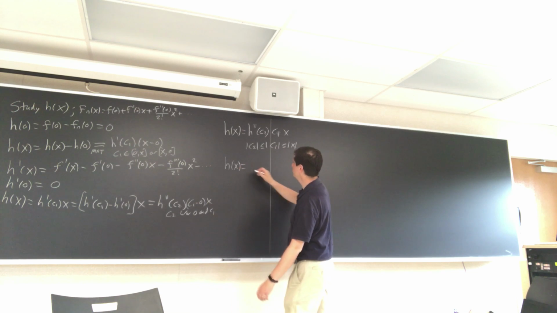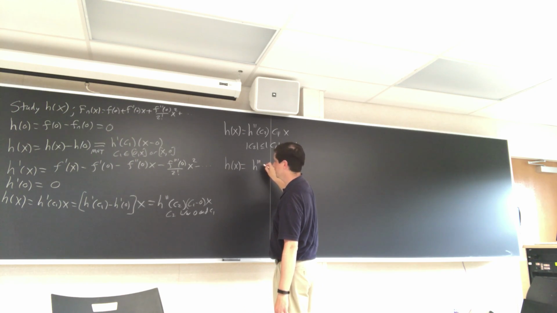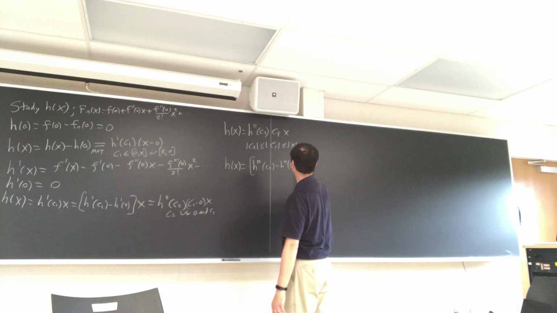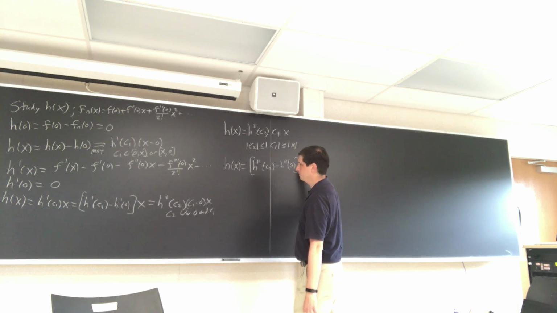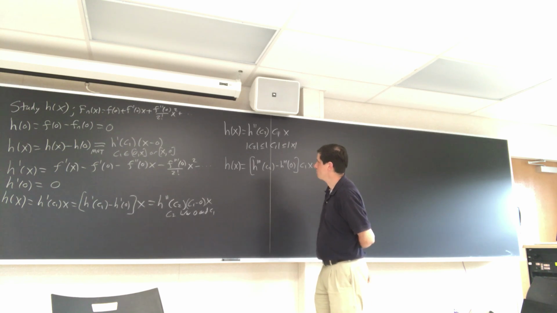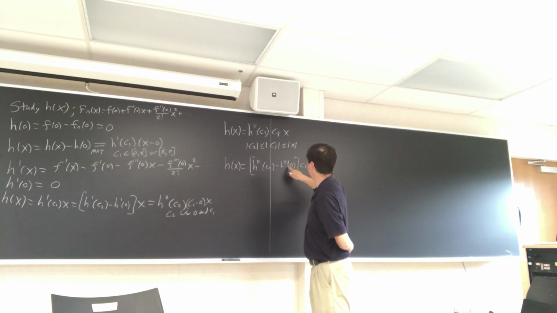So when we do this again, we'll get h of x is h double prime of C2 minus h double prime of 0.